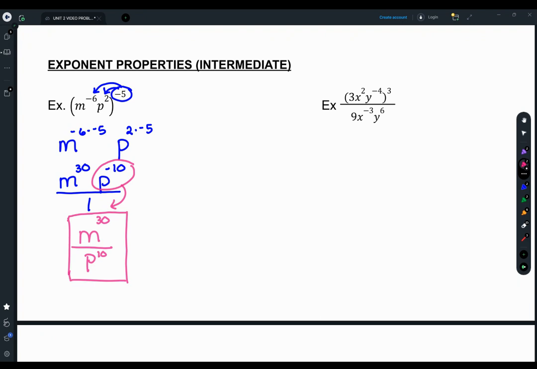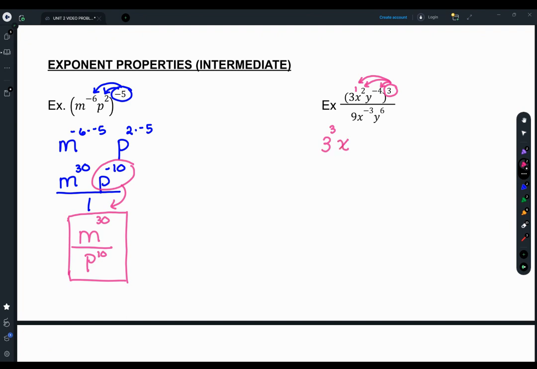We're going to do this similar thing with problem number 2. But now we have a number involved as well. So we have to remember that there's really an exponent of a 1 on that 3. And again, we're going to give this 3 to every exponent inside parentheses. And so we're going to go 3 to the 3rd, because 1 times 3 is 3.